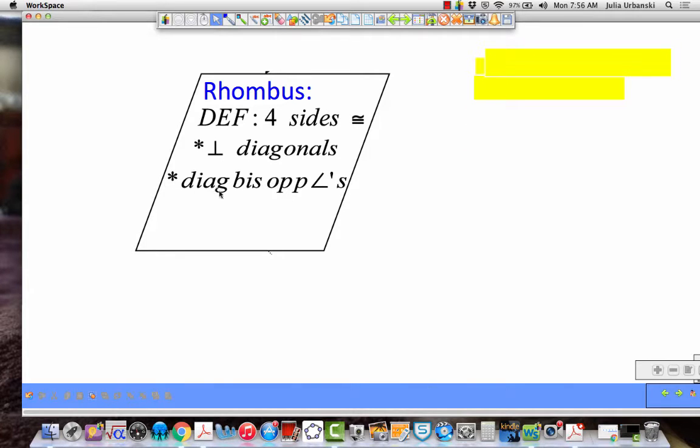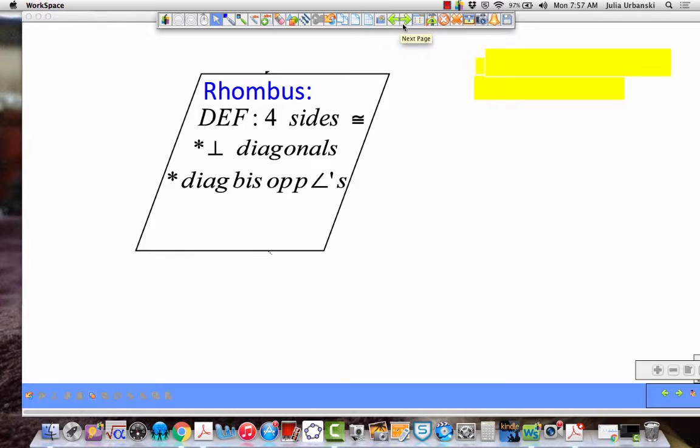The diagonal bisects the opposite angles, and you get four congruent angles. Opposite angles are equal, and then they're being cut in half by the diagonal. So far, you've got all of these.